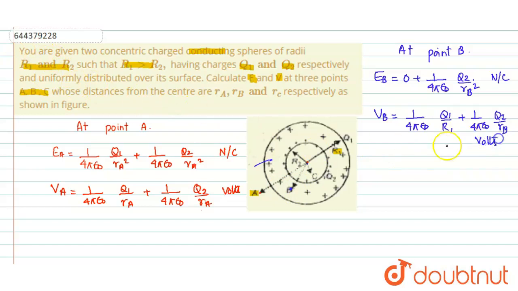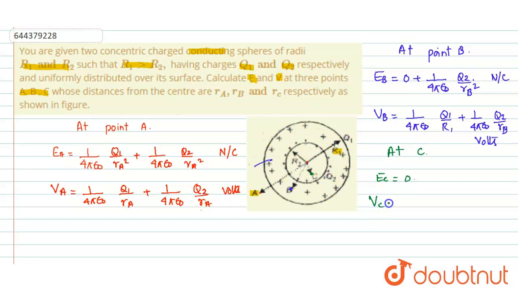Now let us calculate at point C. At C, the electric field is 0. Why? Because the point C is inside this sphere. So at C the electric field is simply 0. And what will be the potential? Potential will be the sum of potential due to this sphere and this sphere.